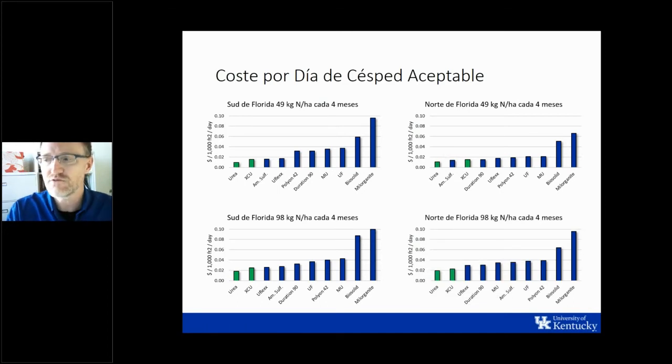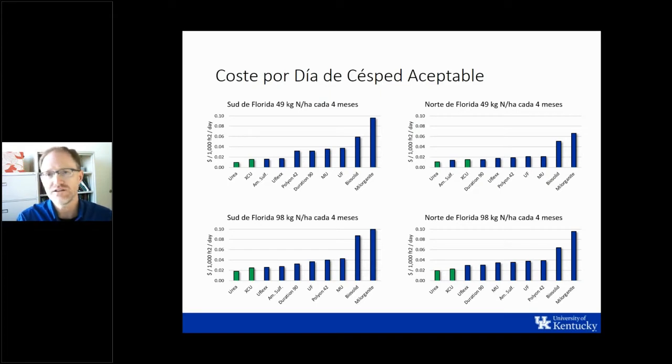So we see a similar result. Okay, so the point here is when we're looking at efficiency, cost of the effect, however you slice that question up, whether it's cost per pound of N or cost per day of response, urea continues to be the least expensive nitrogen source, and sulfur-coated urea continues to be the least expensive slow release source.